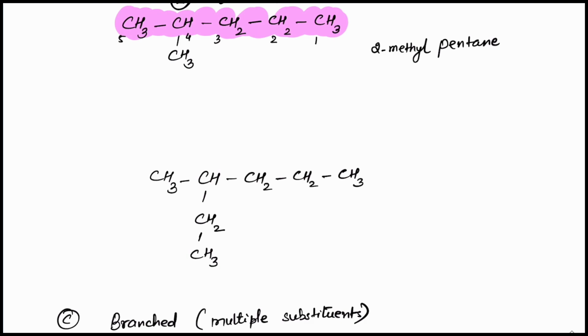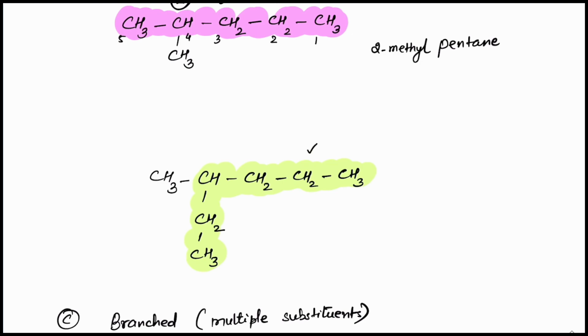Now in this example, you will see that if you take the straight chain, there will be 5 carbon atoms in the chain. But if you go instead this route, there will be 6 carbon atoms in the chain. So what will be our parent chain?